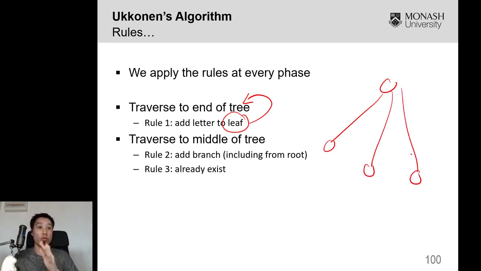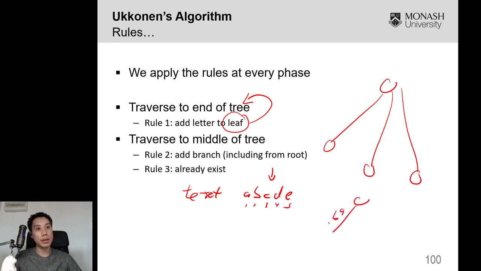And because we are growing a tree, for example, if my text is A, B, C, D, E, and I'm currently at phase number 3, so it's going to be like this: A, B, C, right? This is a leaf. B, this is a leaf, and C, B, C is a leaf, and C, this is a leaf, right? You're going to realize this is a tree.